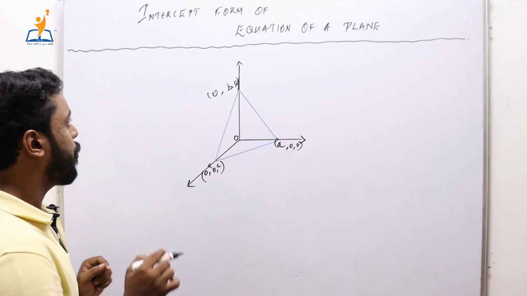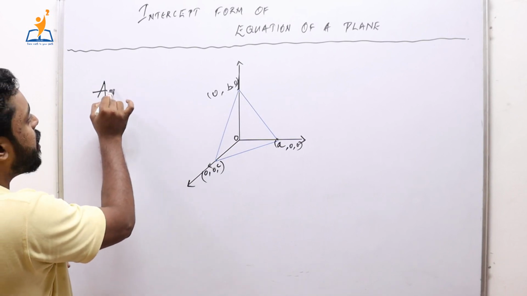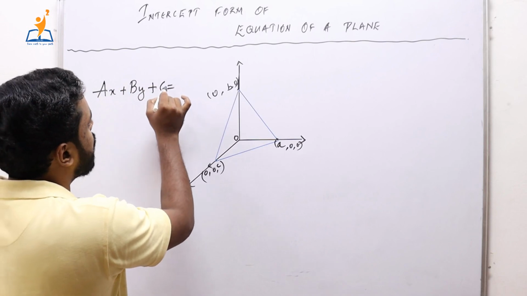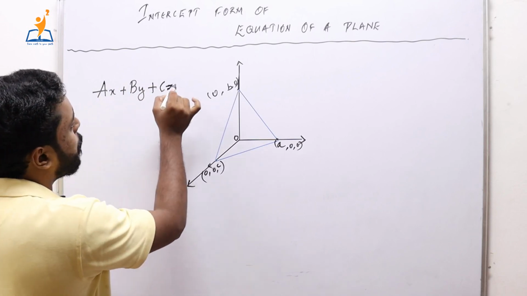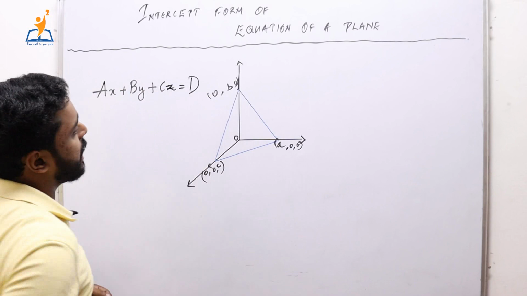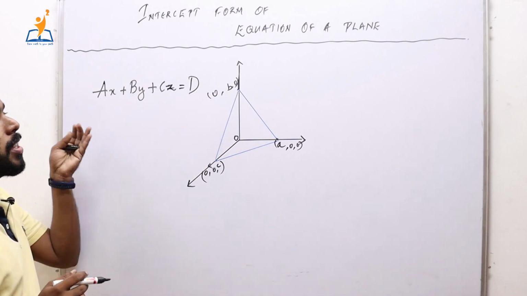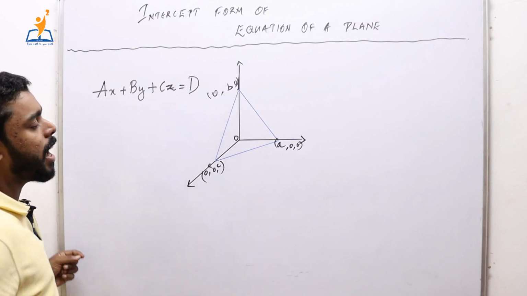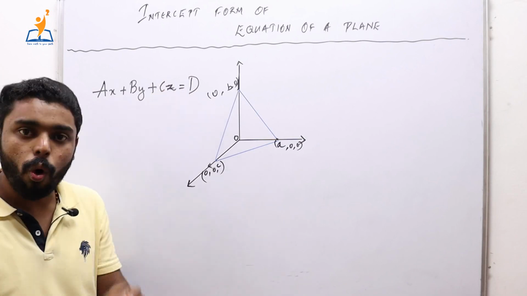We know that the standard equation of a plane is given by capital A x plus capital B y plus capital C z equal to capital D, isn't it? Here x, y, z are arbitrary points on the plane.